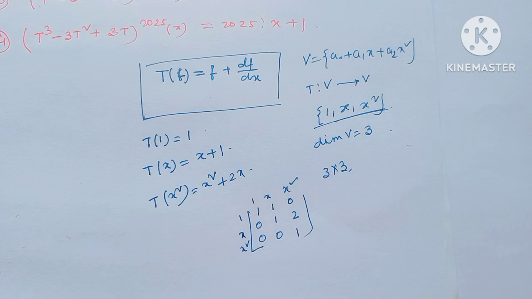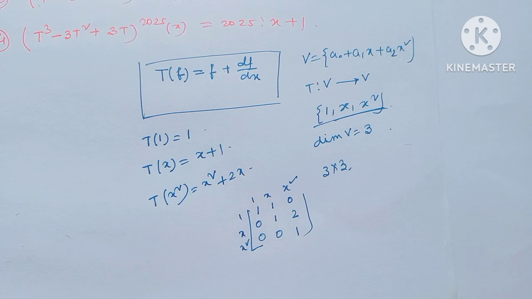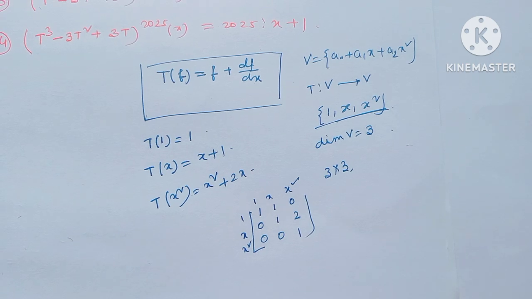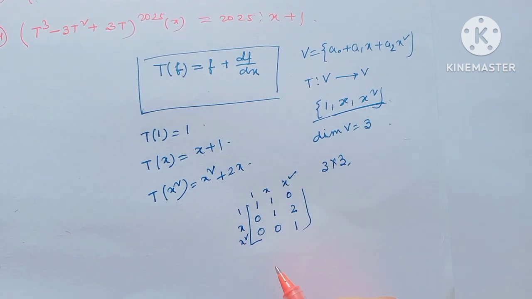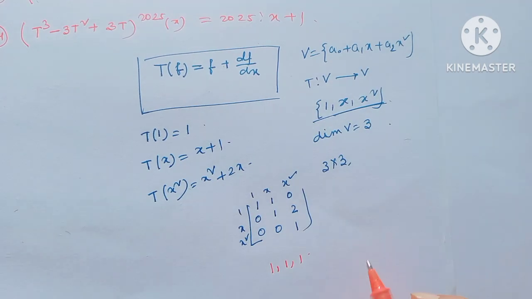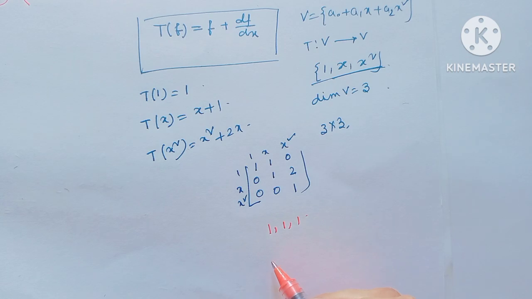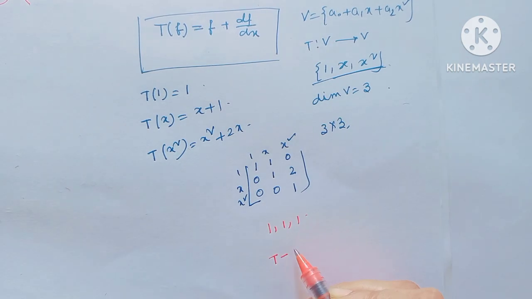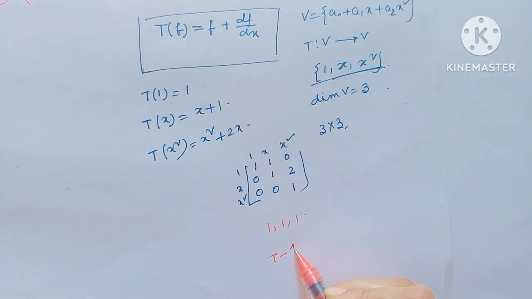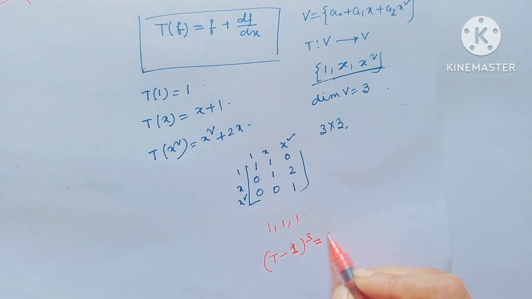And notice, since this is an upper triangular matrix, the eigenvalues of an upper triangular matrix, as all of us know, are the diagonal entries. So the eigenvalues are 1, 1, 1. For this, the characteristic polynomial would be (t minus 1) whole cube equal to 0.